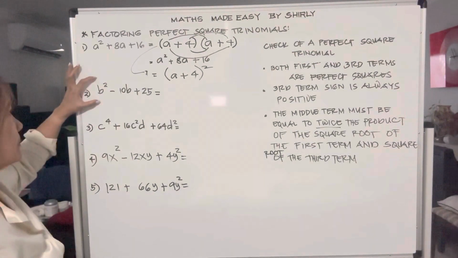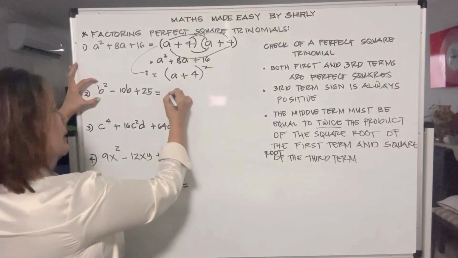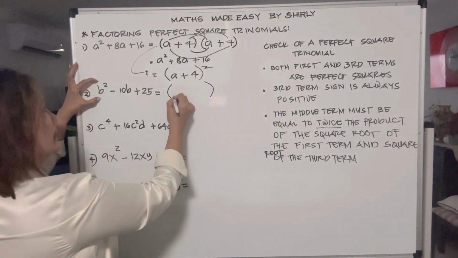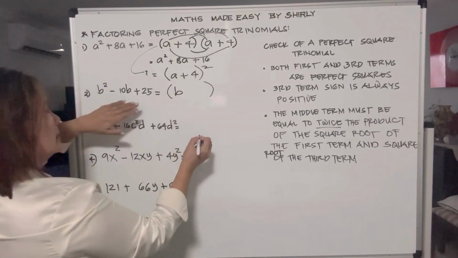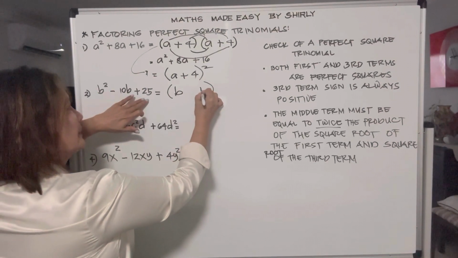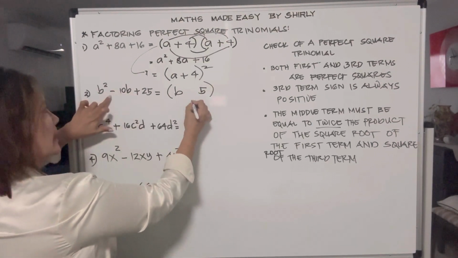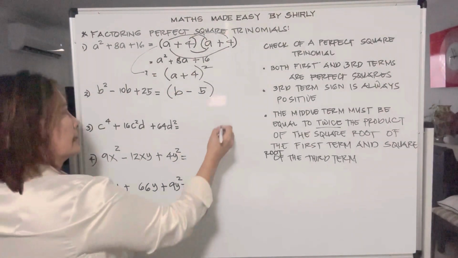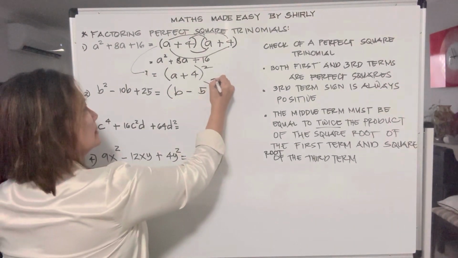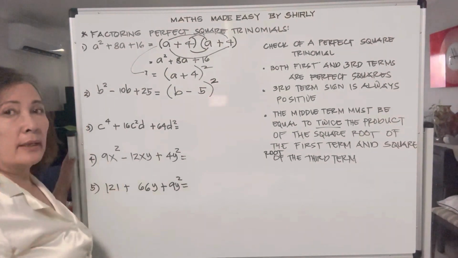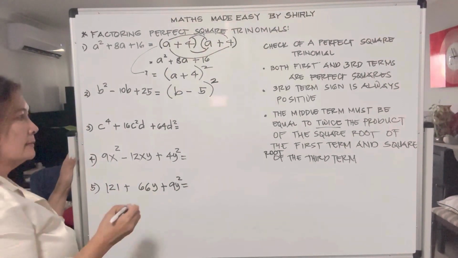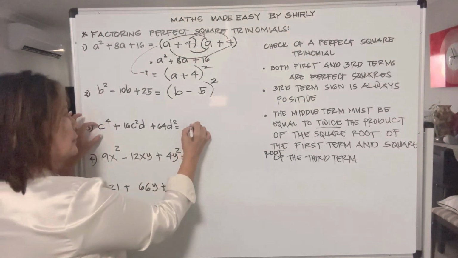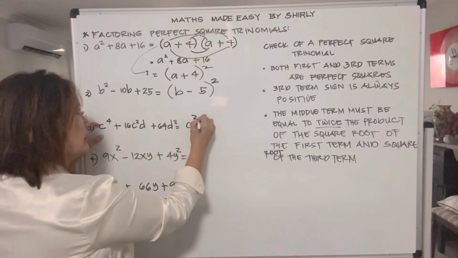Moving to the next problem, we get the square root of b squared, and that is b. The square root of 25 is 5. Copy the sign of the middle term, which is negative. Then square the binomial. Next, we get the square root of c to the 4th, that is c squared.